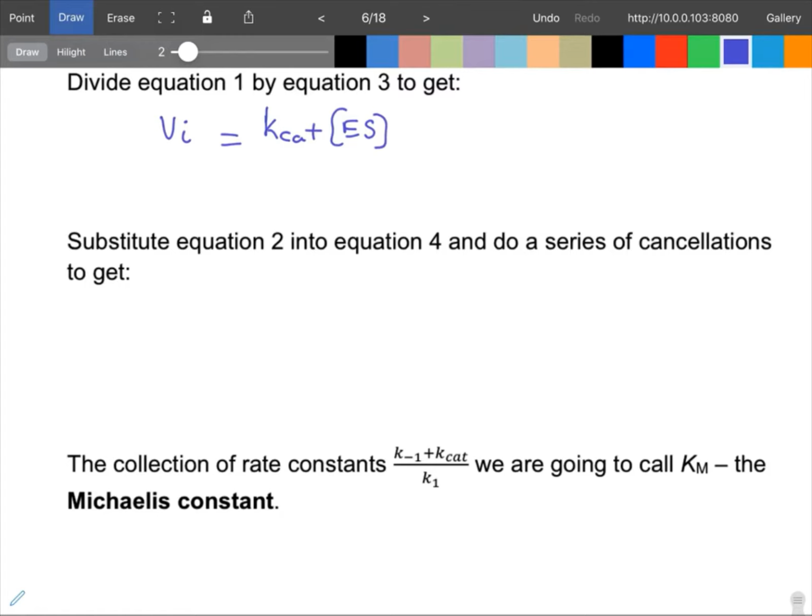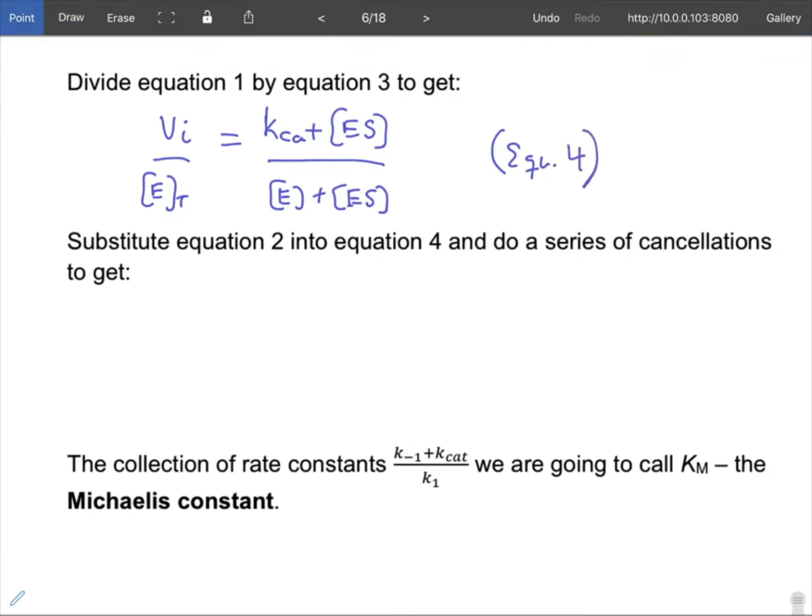And so to divide by equation 3, I'm actually going to divide it like this, where I've got total enzyme concentration equals the sum of the two forms, free enzyme and the enzyme substrate complex. This is equation 4.